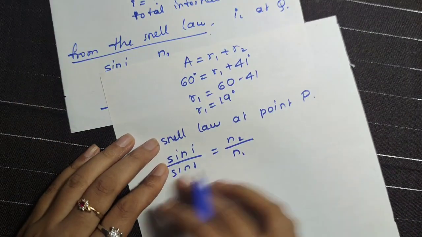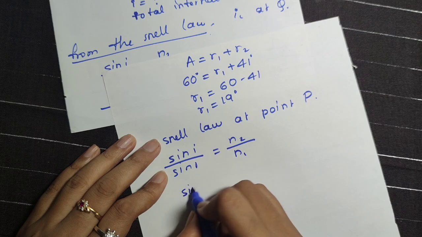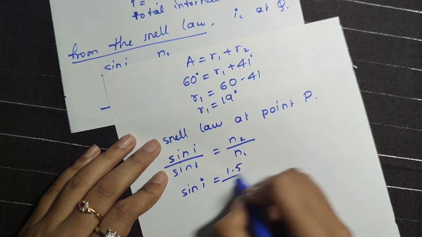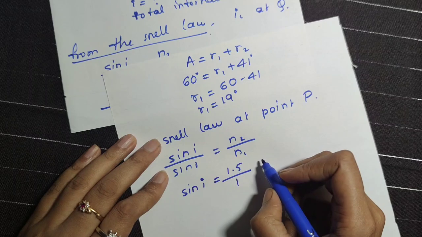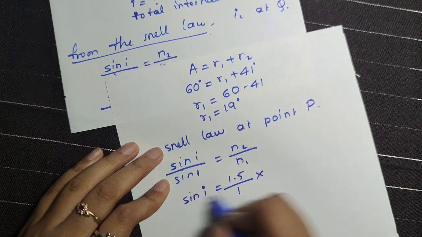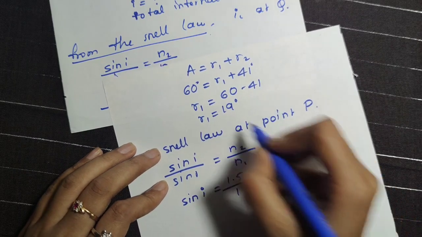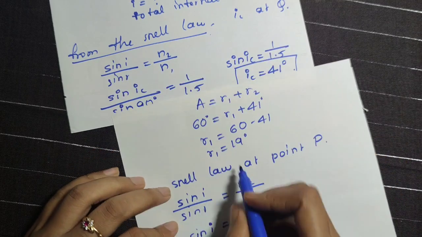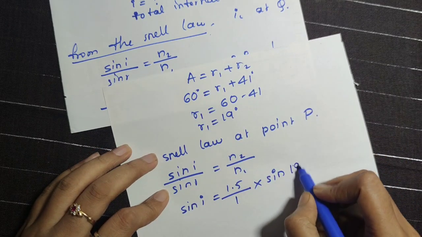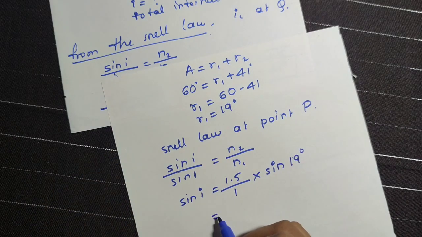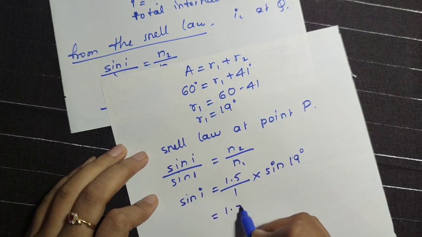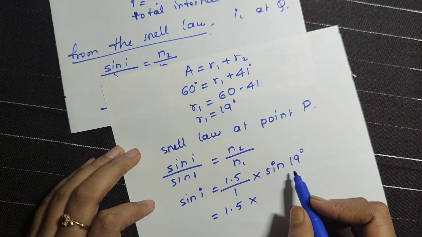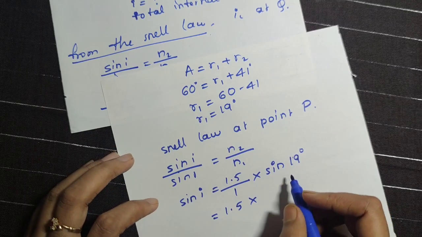So apply that here. So sin i equal to N2, 1.5, divided by N1, 1, into sin r, which is sin 19 degree.